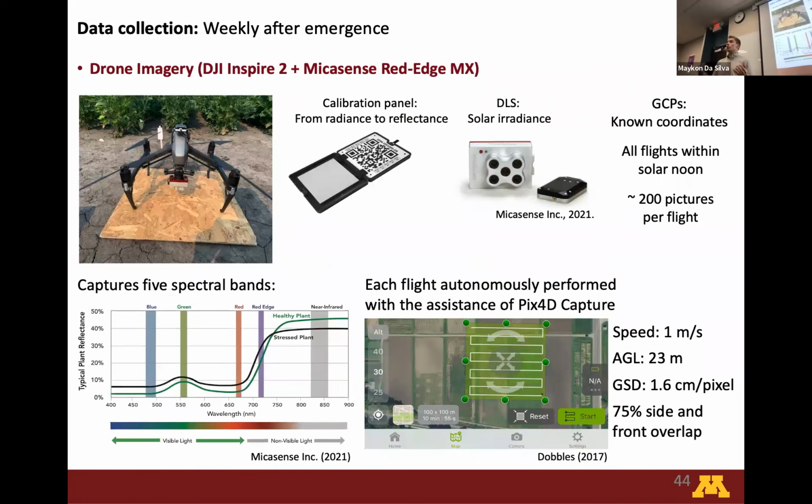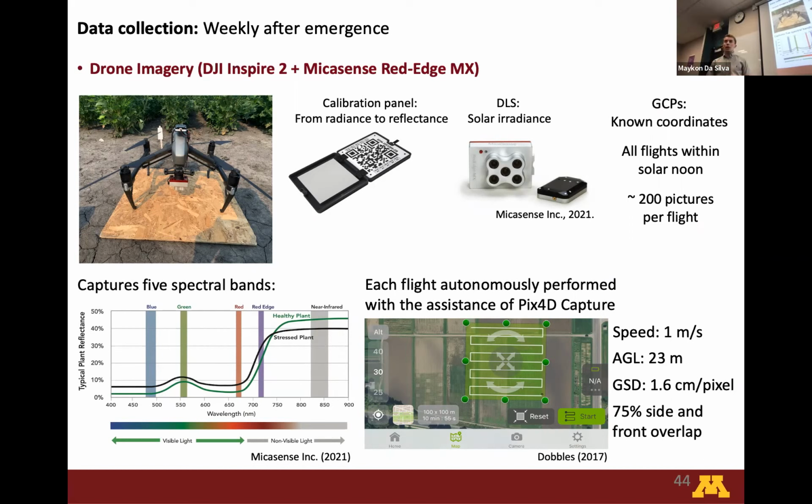Drone imagery will be collected on the same days as visual scores with a MicaSense RedEdge-MX sensor mounted on a DJI Inspire 2 drone. This camera captures 5 spectral bands almost at the same time: blue, green, red, red edge, and near-infrared regions of the electromagnetic spectrum.